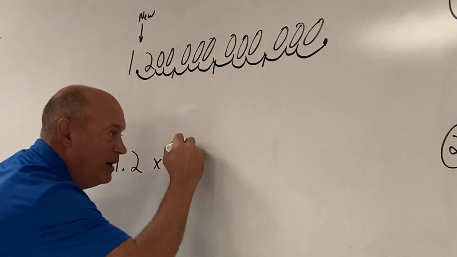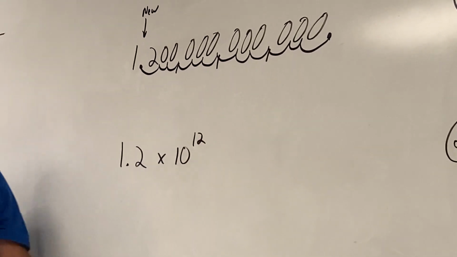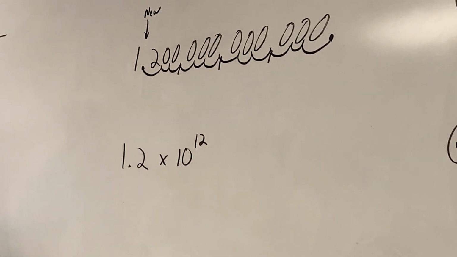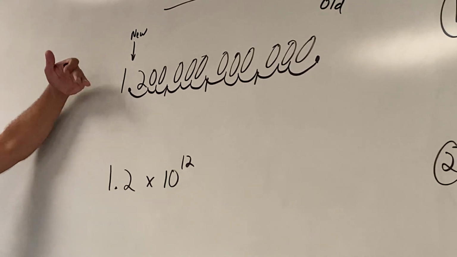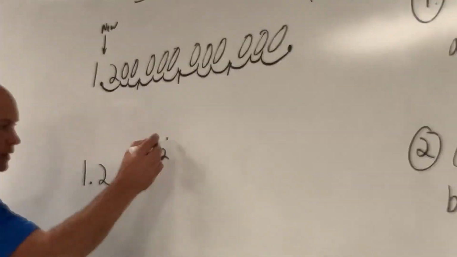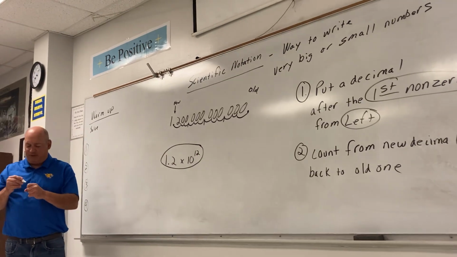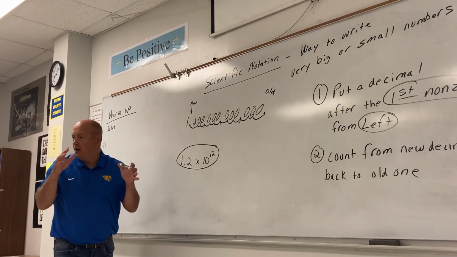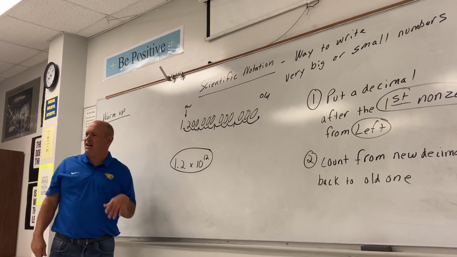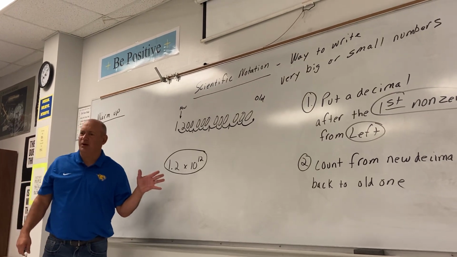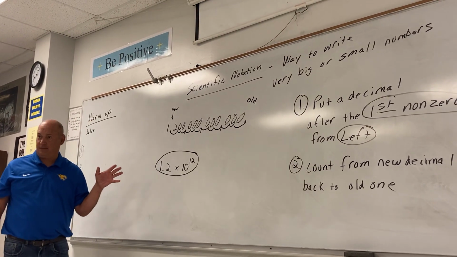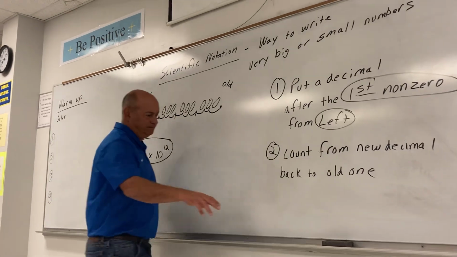There's a little 12 that goes right there. And this is the scientific notation for the distance from here to the moon. Questions so far? So we count from the new decimal to the old. If there's no decimal inside it, it's to the right. Keep all this in mind. Are you with me? All right, let's do another one.